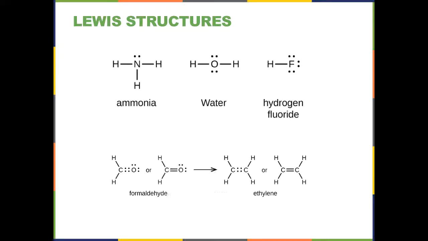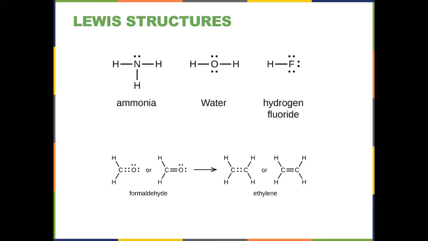Formalin, or formaldehyde, forms a double bond. And double bonds can be shown in two ways. You see the carbon, and then there are two pairs of electrons between the C and the O. That represents a double bond, which is shown as two dashes on the right.